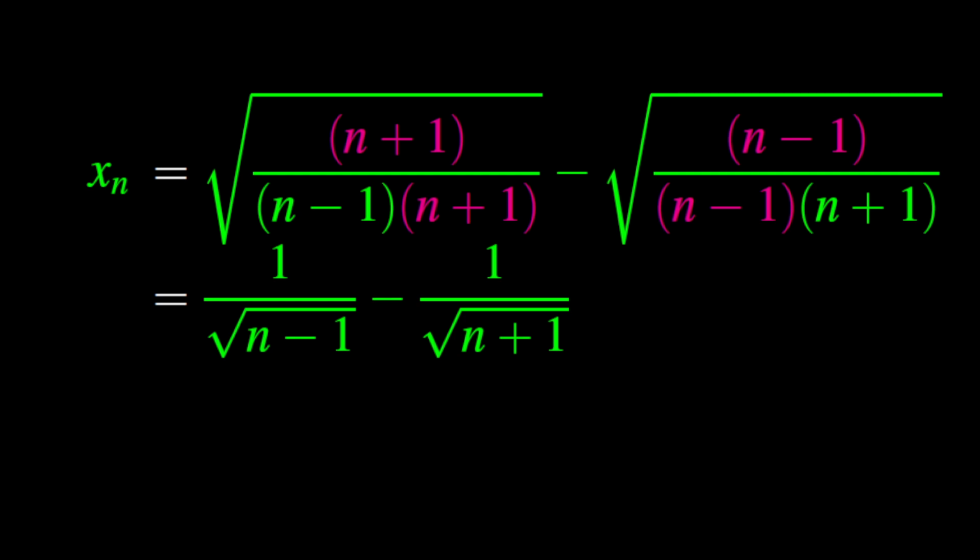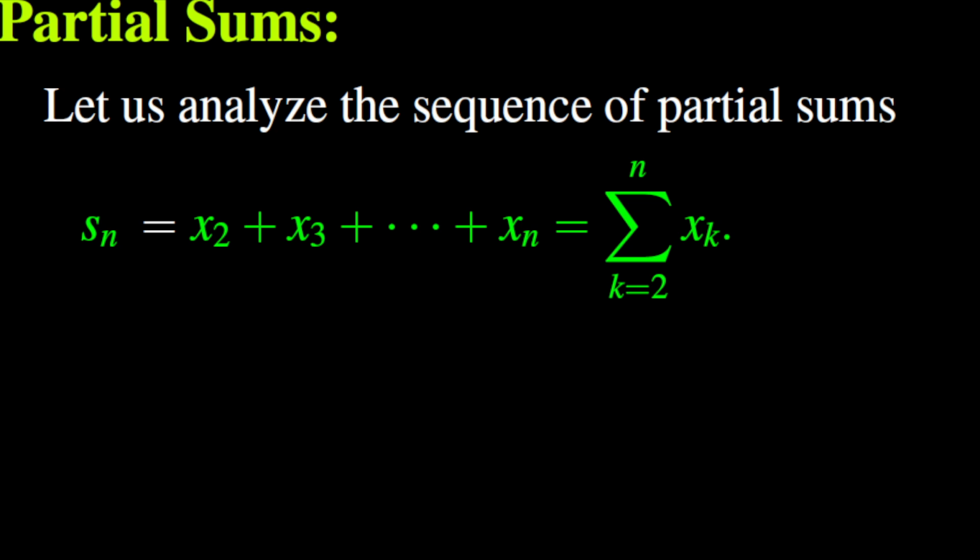This new format of the term of the series suggests that we should analyze the series as a telescoping series. Because its term can be expressed as a difference of two decreasing sequences, namely, 1 over the square root of n minus 1, and 1 over the square root of n plus 1. We shall then analyze the sequence of partial sums of the series.